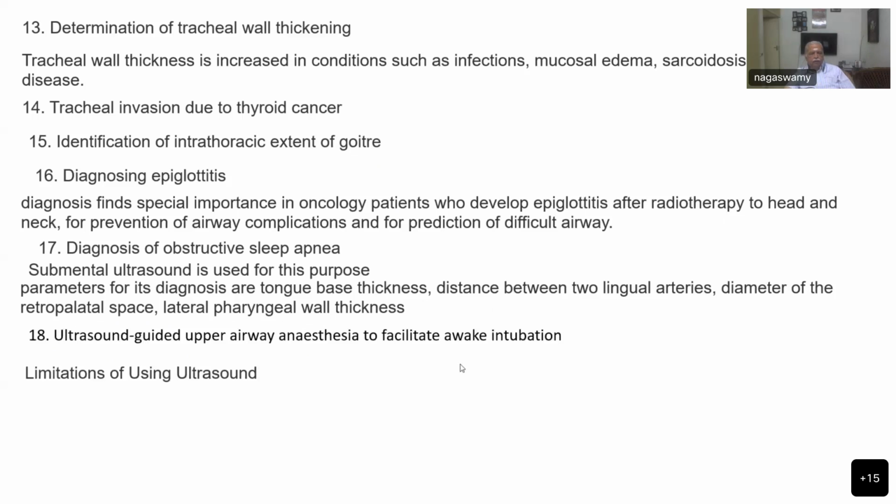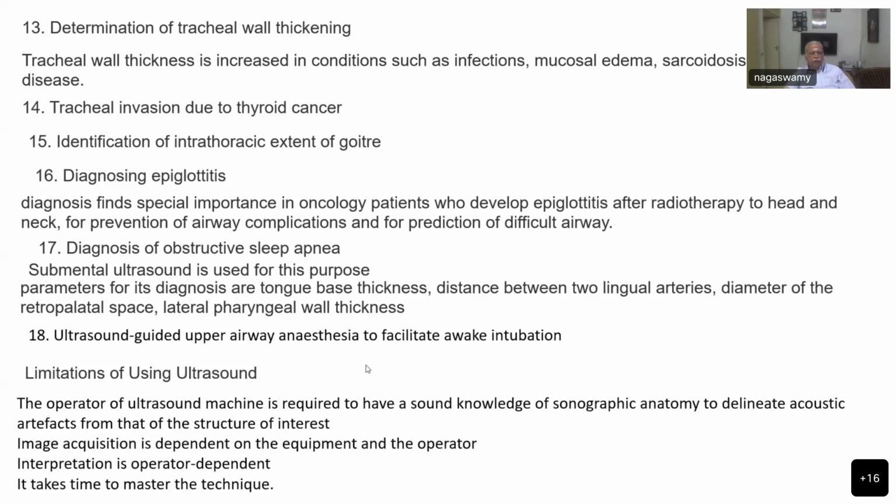And limitations. So these are all the applications and the advantages of using ultrasound. The limitations are that the operator of the ultrasound machine is required to have a sound knowledge of sonography. A beginner may find it difficult to identify the structures. Image acquisition is dependent on the equipment and the operator, so you must have a good ultrasound machine also.